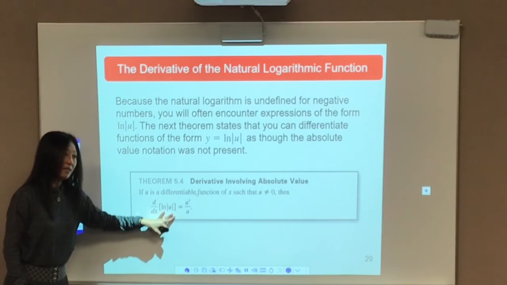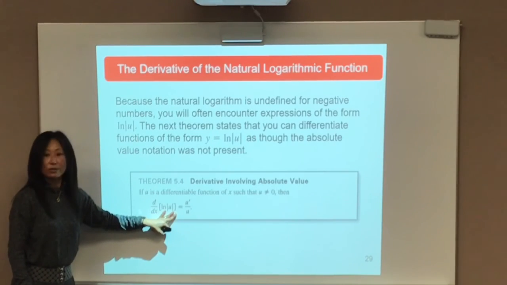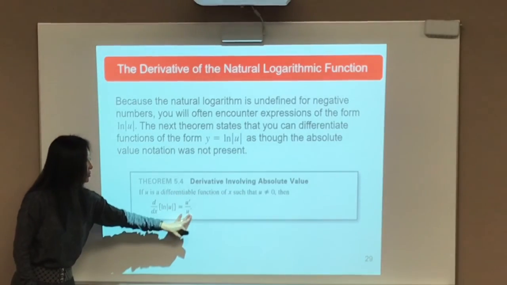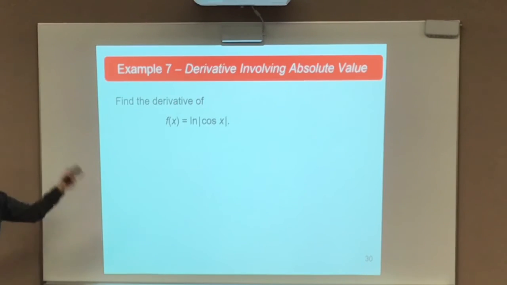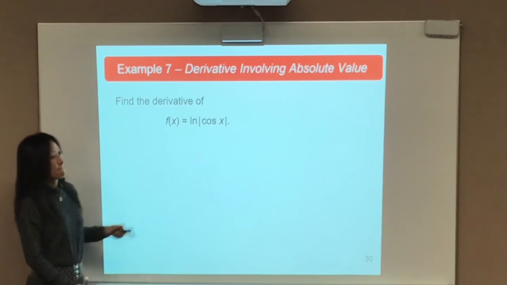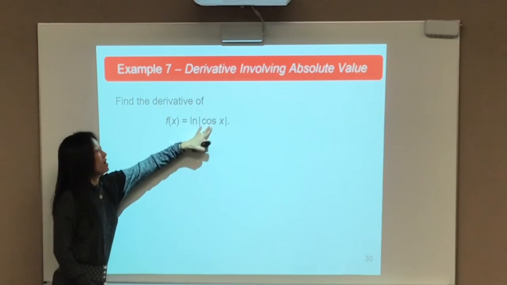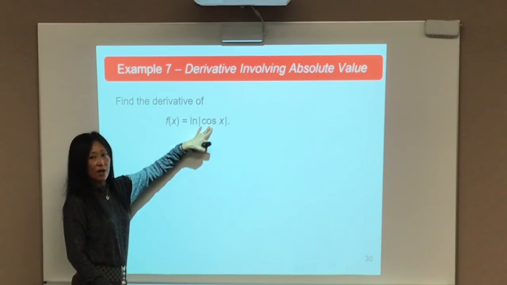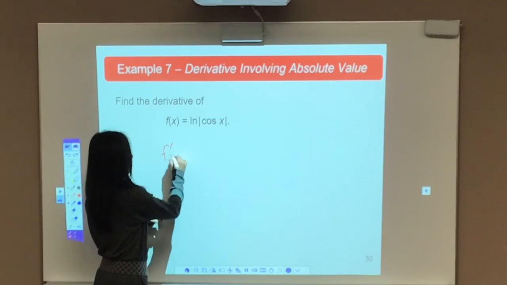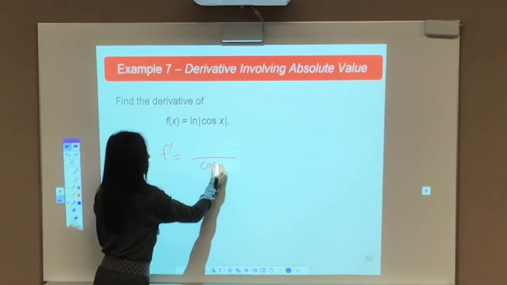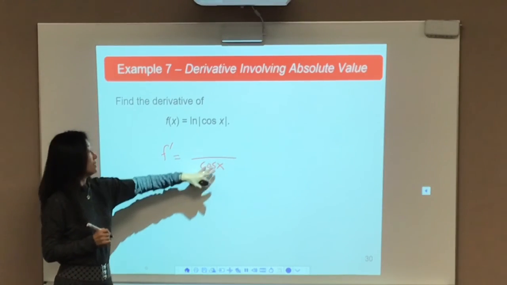Well, this is another thing, 1 over u, derivative of 1 over u. U is a composite function, so you need to do what? 1 over u, and then take the derivative, u prime. All right, take a derivative of that. What is it going to be? Derivative of natural log is 1 over u. What's the derivative of cosine x?